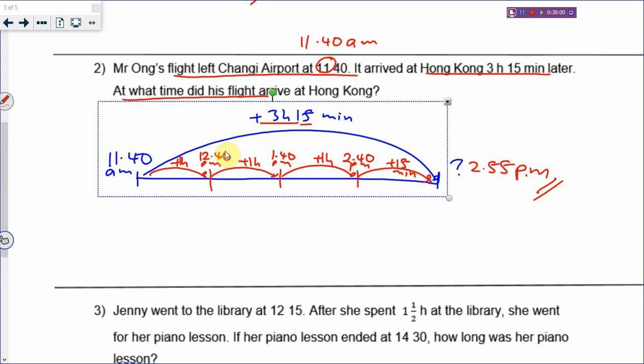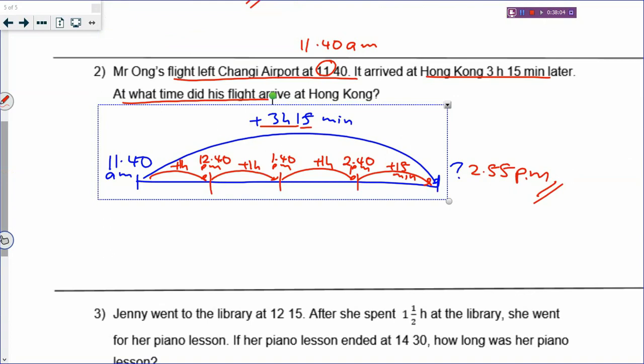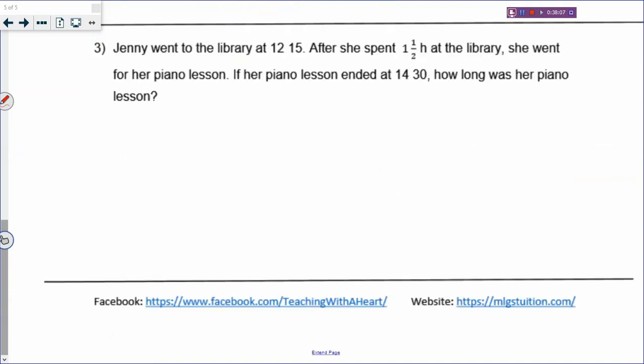Okay, let's go to number 3. Now, Jenny went to the library at 12:15. So I changed it to 12 hour time. 12 is 12 and bigger, so that's PM, and your 12 hour time is 12:15 p.m. And she spent 1.5 hours at the library, and then she went for the piano lesson.